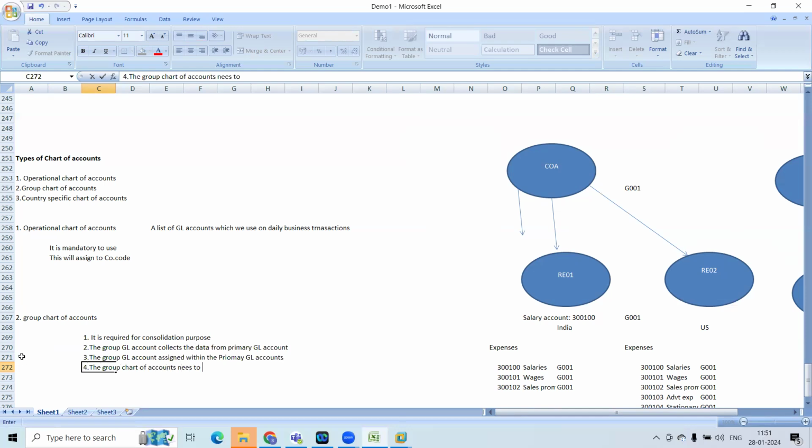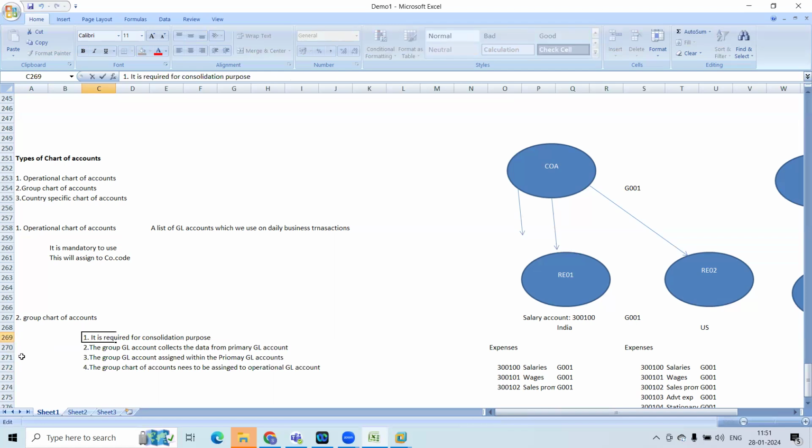Yes, yes. The group chart of accounts needs to be assigned to the operational GL account.